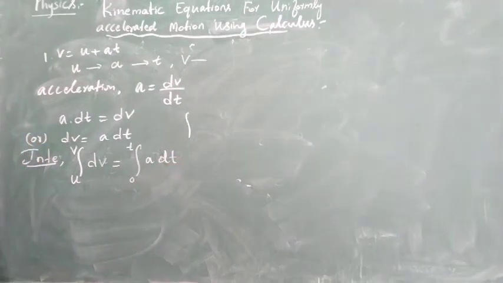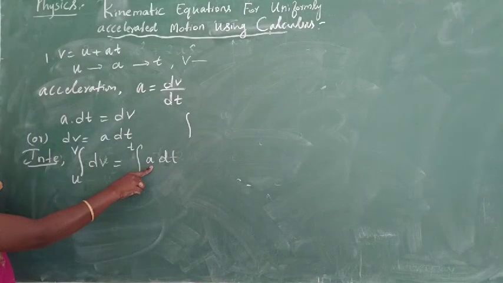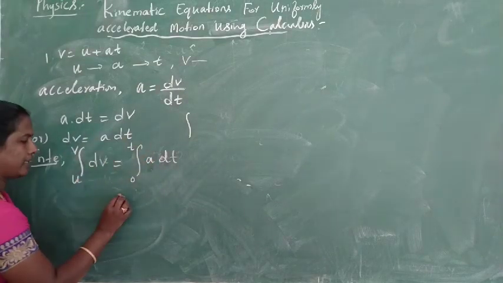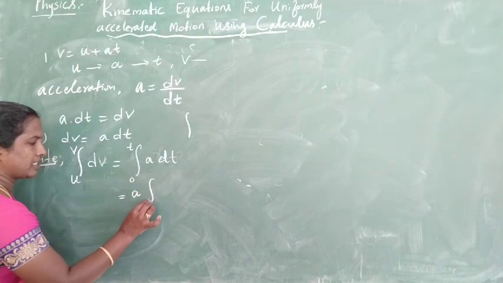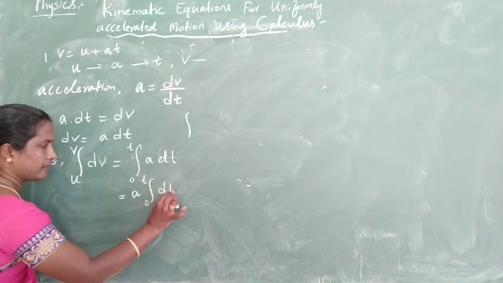Now we know that a is uniform, there is no variation in the acceleration, therefore it is a constant and I can take it outside. This term can be written as a into the integration of dt from 0 to t.